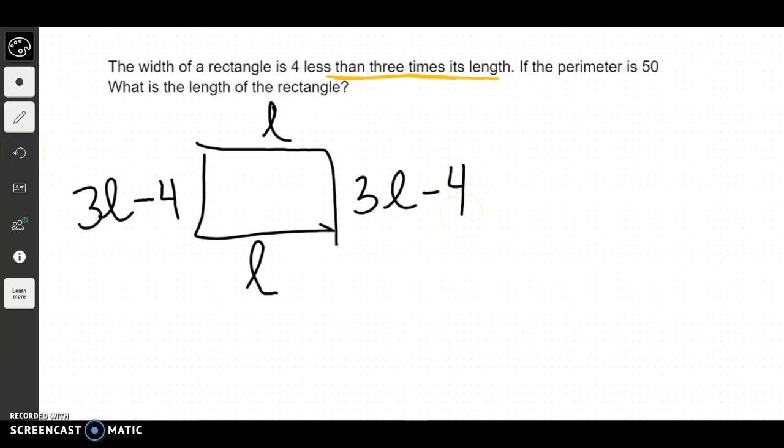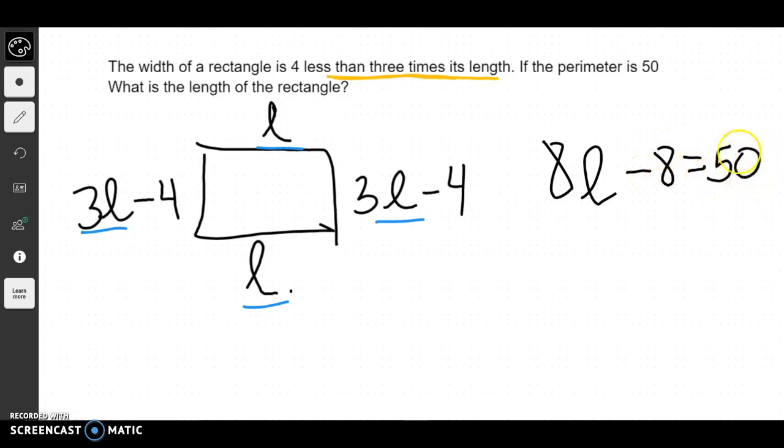Let's do the same thing with our perimeter. Again, we've got to add up all the sides. So I just count my L's, which would be 8, because 4, 5, 6, 7, 8. Yep, 8 lengths. And then minus 8 is equal to 50.